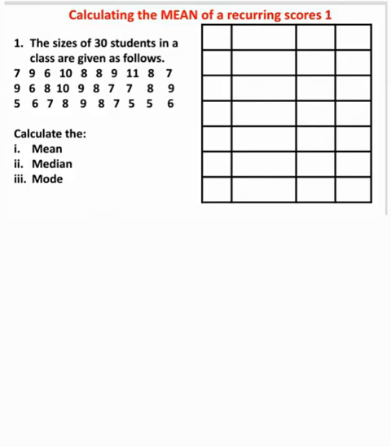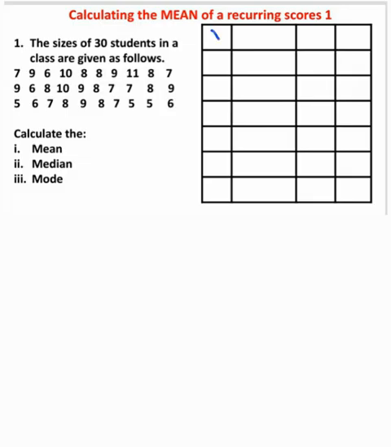All right. Now, we want to calculate the mean of recurring scores. In this case, since the scores in the distribution are recurrent, we can construct a table to make it easier to do our calculation. So what we need to do is arrange these scores on the table.